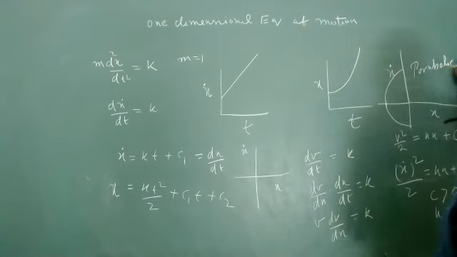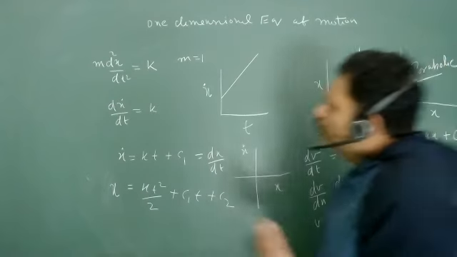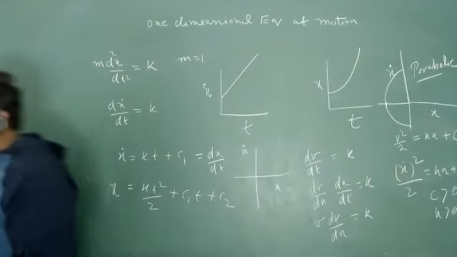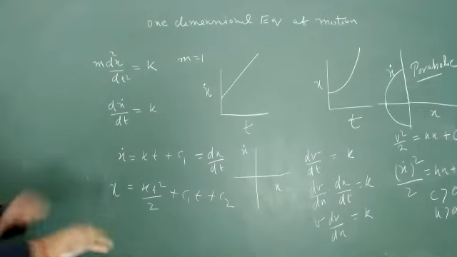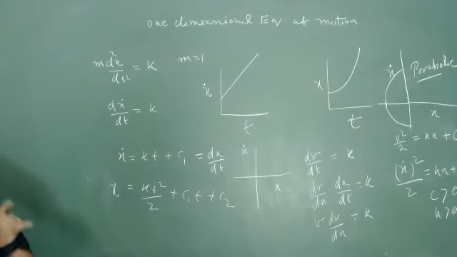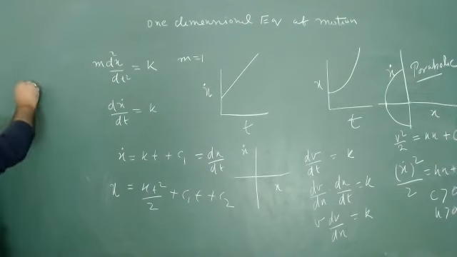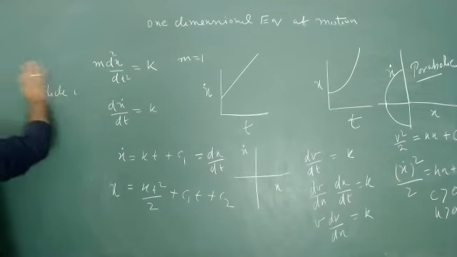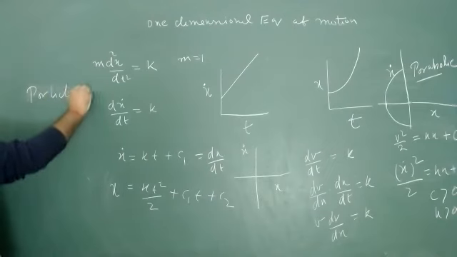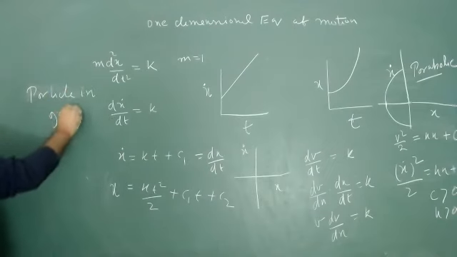Parabolic, x dot versus x. Now, can you guess which physical quantity you can correlate this with? Gravitational. Yes, a particle in gravity.